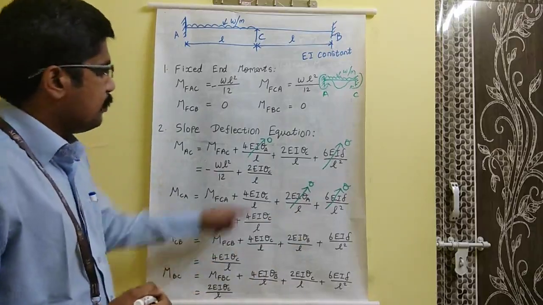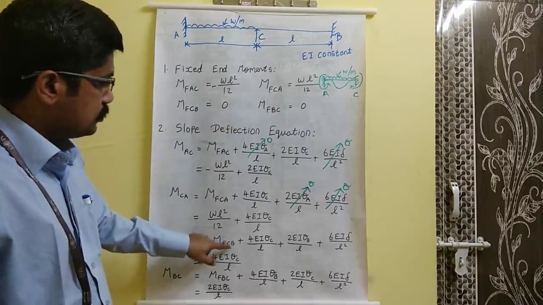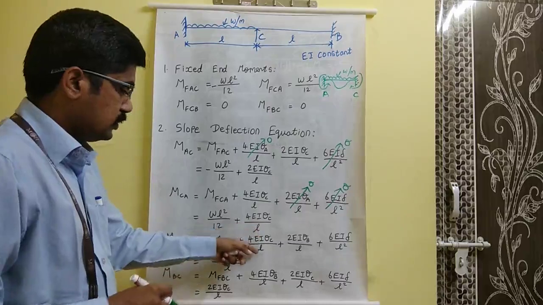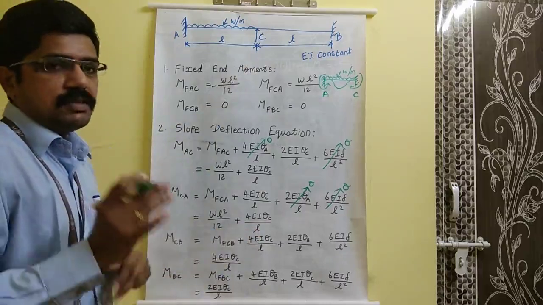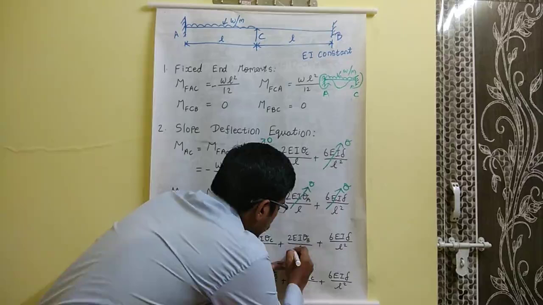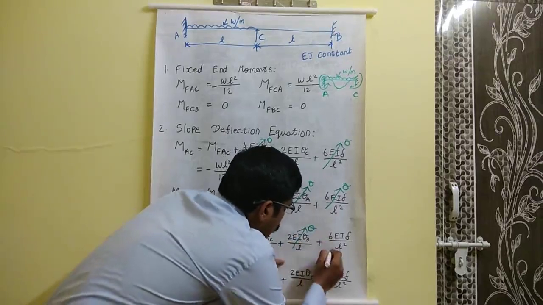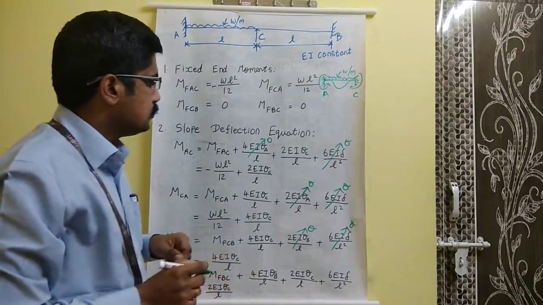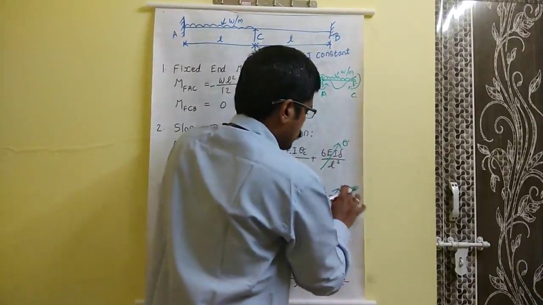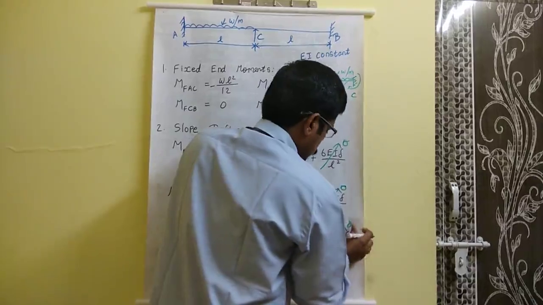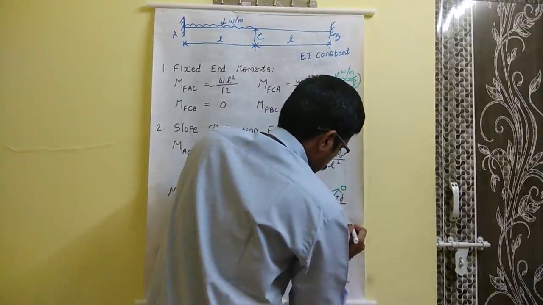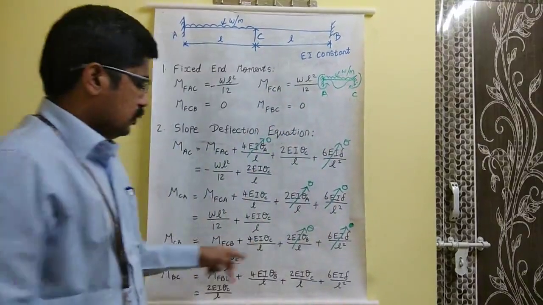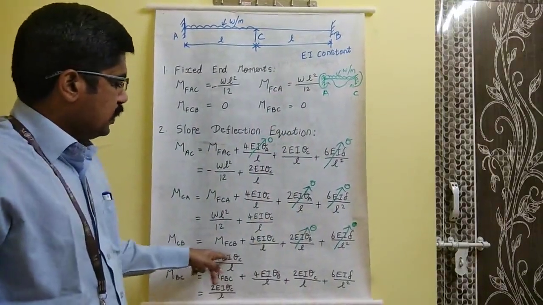Here M of CB value is 0, and C will allow rotation, so 4EI theta C by L, but at B it is a fixed support, so that term will become 0, and we don't have any sinking, so that term will also become 0. So we get only 4EI theta C by L.